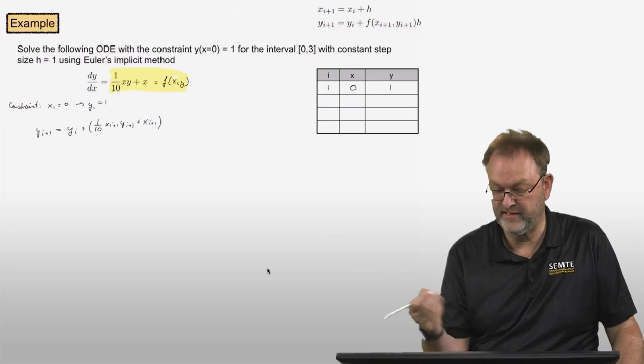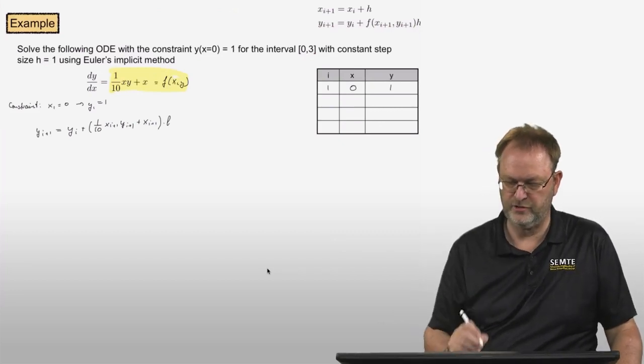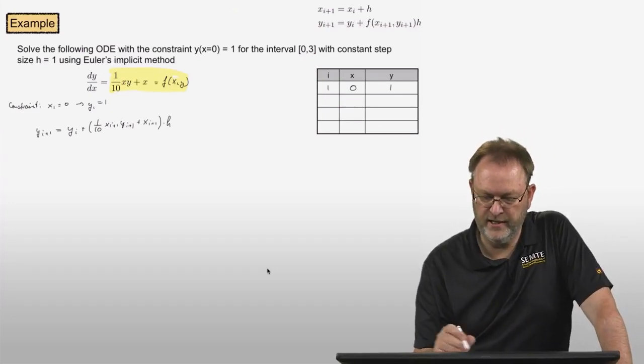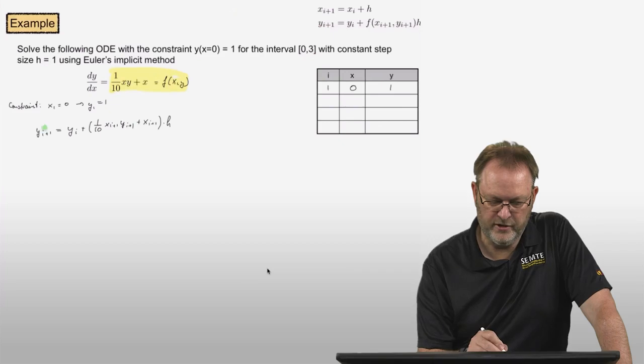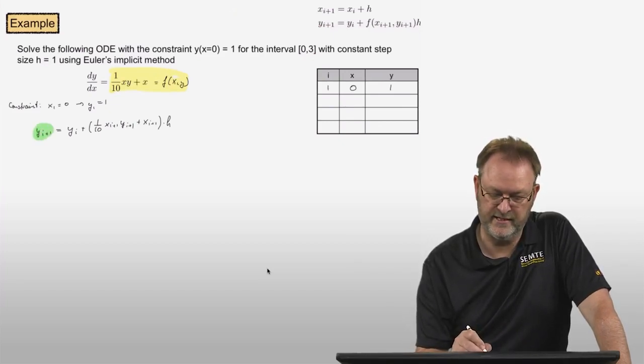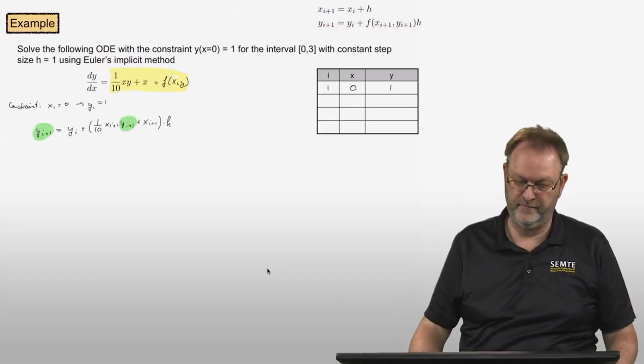That's my f of x i plus 1, y i plus 1, right? Times h. So if you look at this equation now here, you'll see that I want to solve for y i plus 1, but that appears there on the left-hand side, but also here on the right-hand side itself.